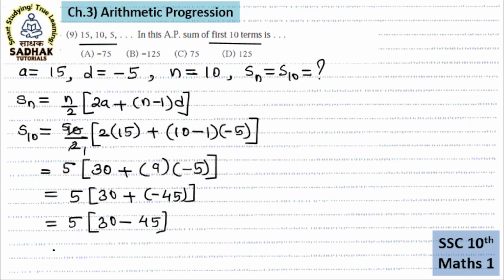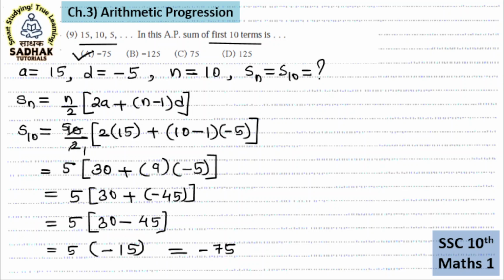Okay, so that will be 5, 30 minus 45 will be minus 15, and that will give us 5 multiplied by minus 15, so 5 multiplied by minus 15 will be minus 75. So that will give that A is the correct answer, minus 75.